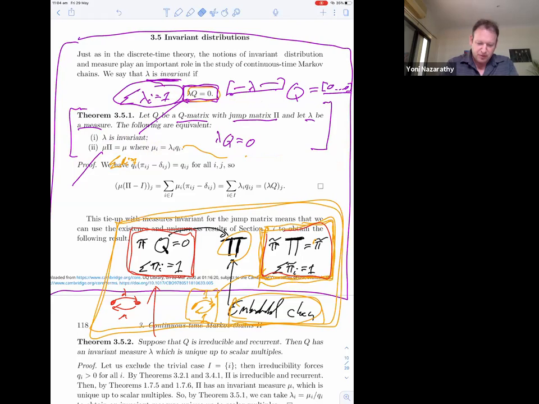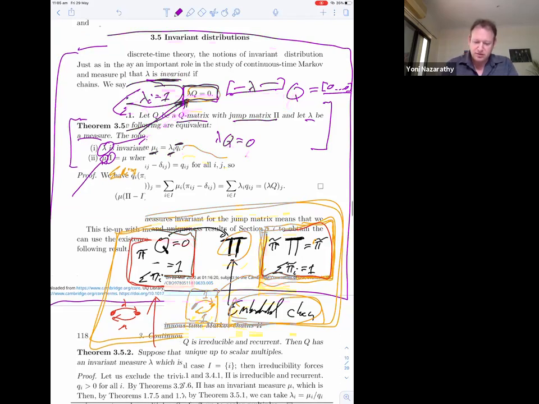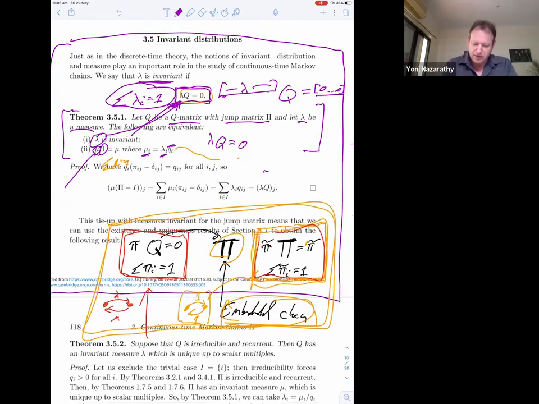And what this theorem spoke about, we spoke about this here at length, is the relationship between this lambda, which satisfies this, and mu, which does it with the embedded Markov chain. And you saw here that mu is proportional to lambda with the rate of q, which kind of makes sense, because if you think about it, think of a realization of a continuous time Markov chain, which jumps between states, and the embedded chain goes from this state to this state, to this state, and so on.